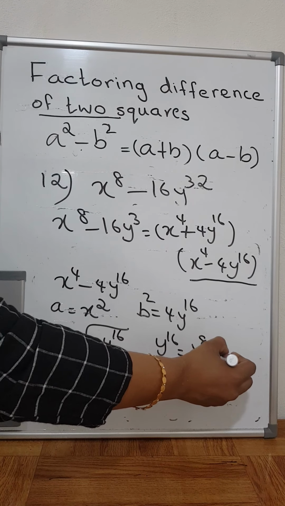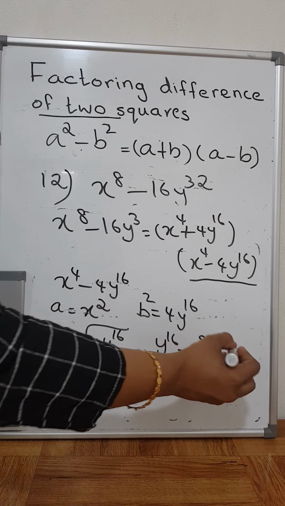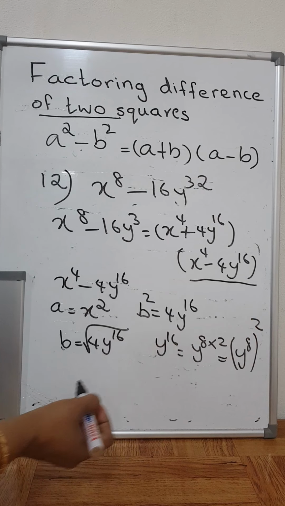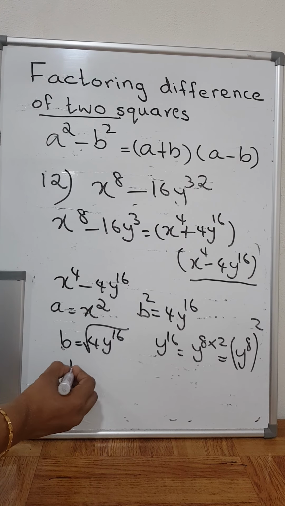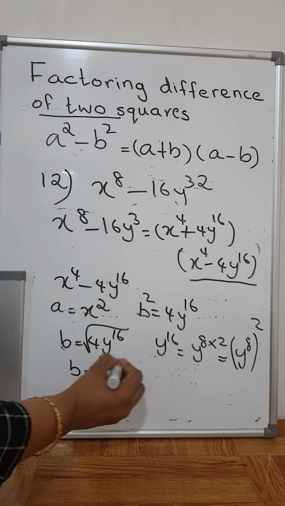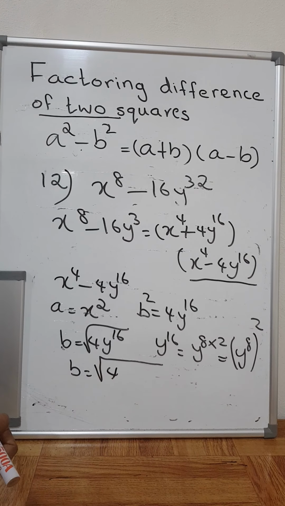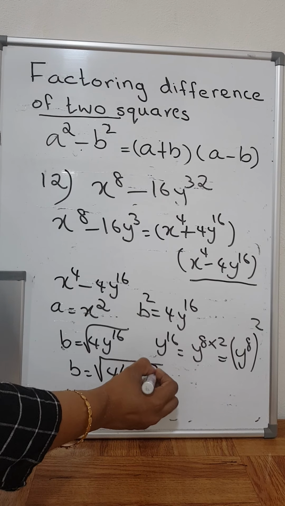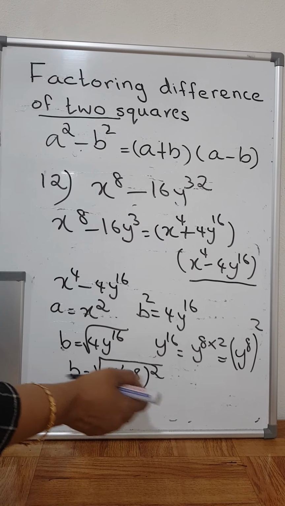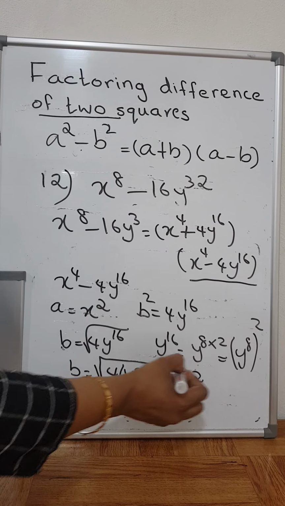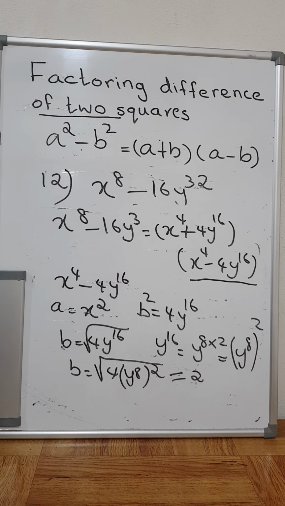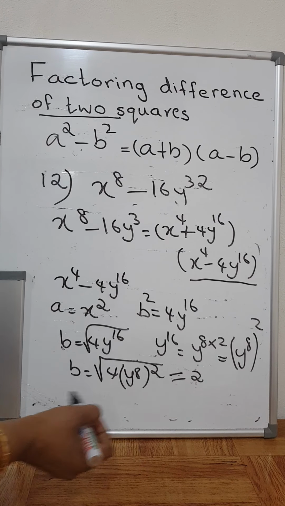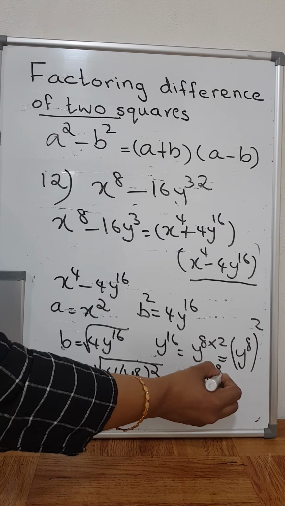Using the power law in indices, we can write it as y to the power 8 the whole square. So b is the square root of 4 times y to the power 8 the whole square. Square root of 4 is 2. The square root of y to the power 8 the whole square, the square and the root cancel out. That is 2y to the power 8.